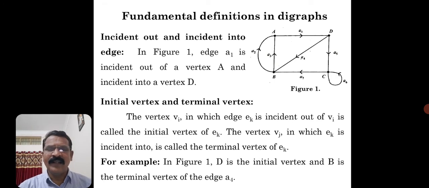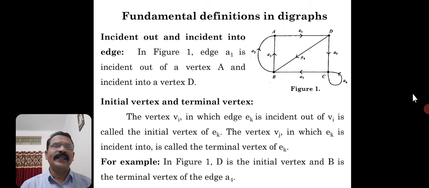So in general, suppose edge Ek is ViVj and the direction is towards Vi to Vj. In that case, what we can say, the vertex Vi is an initial vertex and the vertex Vj is a terminal vertex.